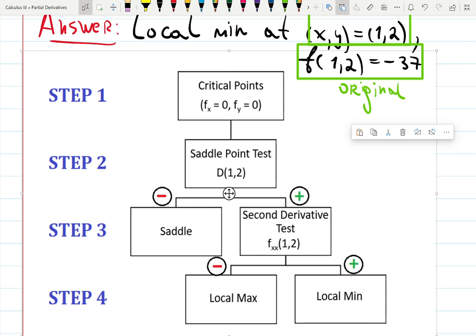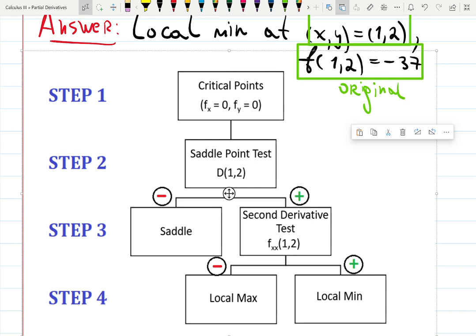If D is negative, that concludes your process of classifying the points. If it's negative, it's a saddle point. It was a funny way to remember: negative, very sad, so it's saddle point. If it's positive, you have to do an extra step.